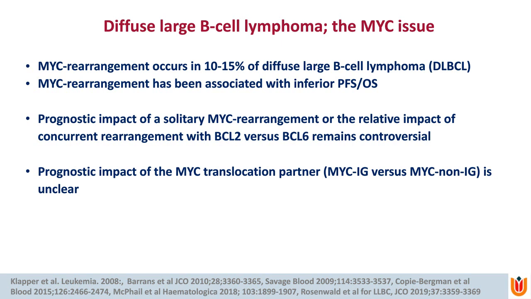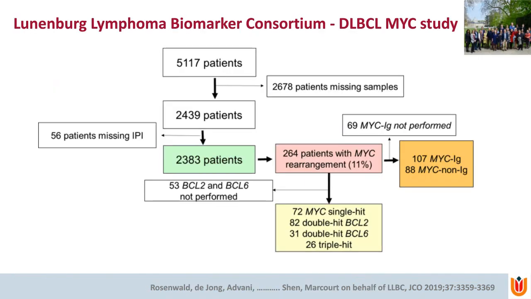So therefore the Lymphoma Biomarker Consortium started this large study, starting out with more than 5,000 diffuse large B-cell lymphoma patients uniformly treated with R-CHOP. We ended up having almost 2,400 patients with complete clinical information, immunohistochemical information, and FISH information.